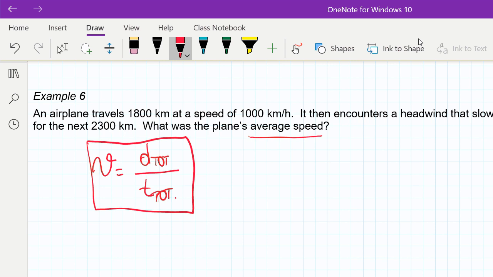So first, let's find the total distance. The total distance will be the distance for the first part of the motion plus the distance for the second part of the motion. So this will be 1,800 kilometers plus 2,300 kilometers. So the total distance will be equal to, what do you have, guys?